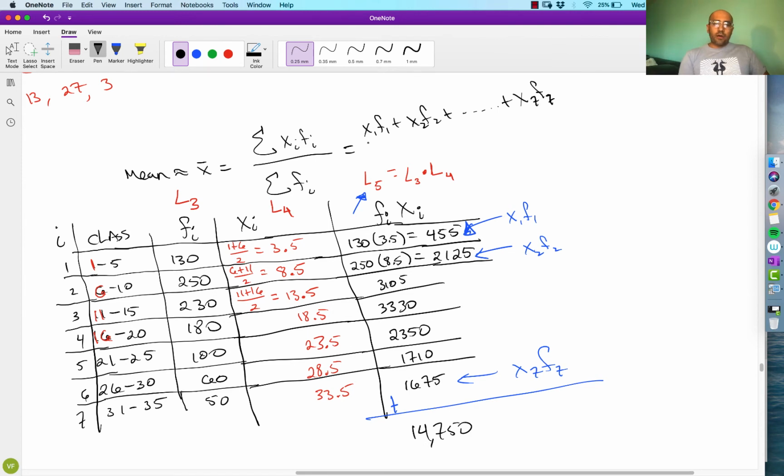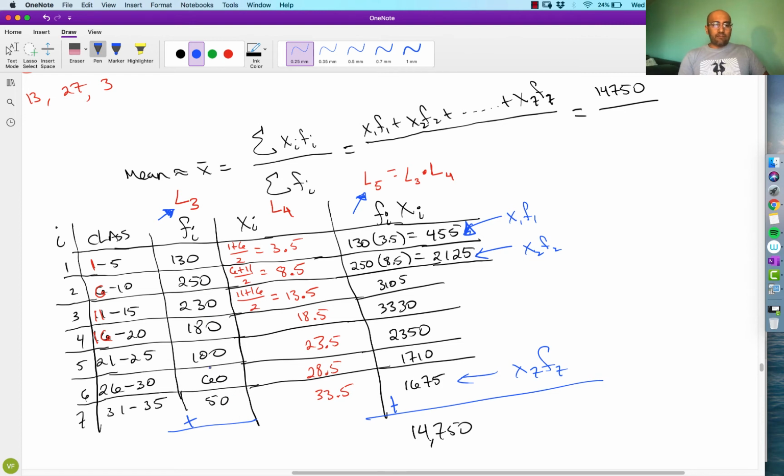Okay, so up here with our formula, that means that the numerator is 14,750, and now the denominator is the sum of the frequencies. So I need to figure out what that is. Well, again, luckily that's already list 3. So if I do a one variable stat on list 3, one of the items I get is the sum of the values on that list.